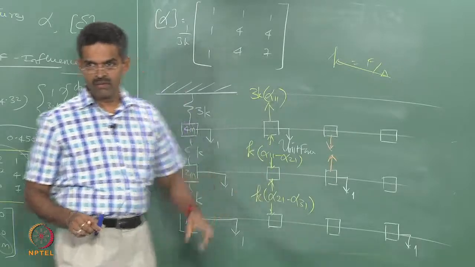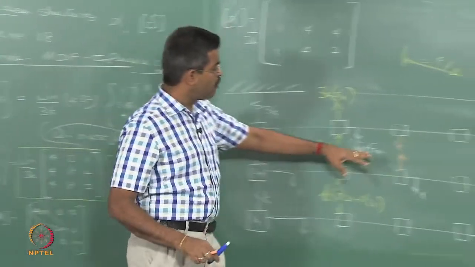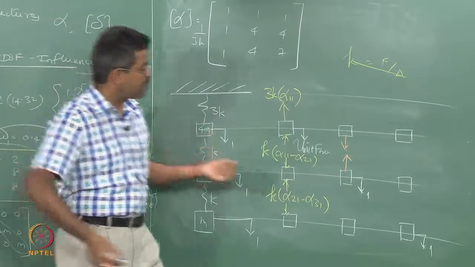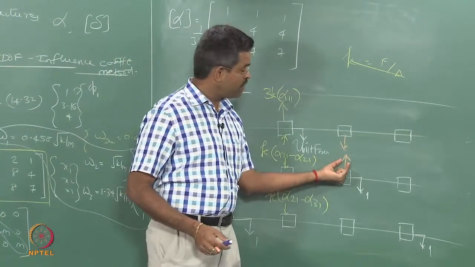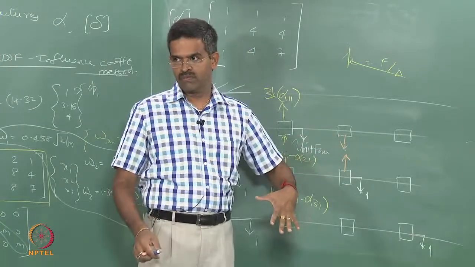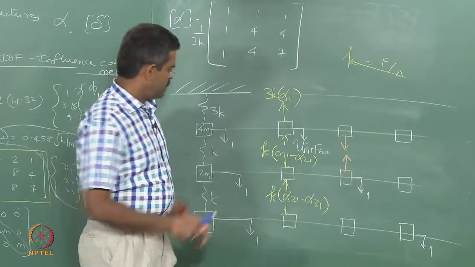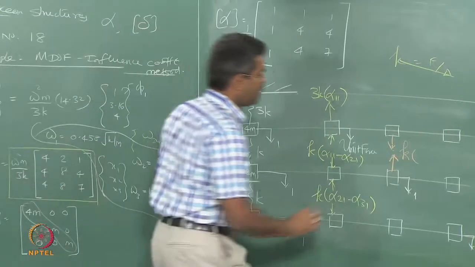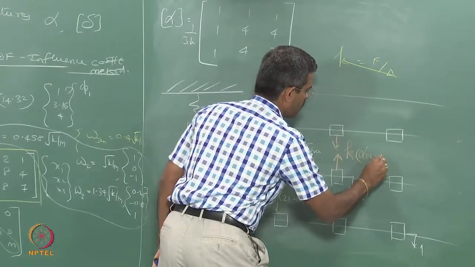So, I am marking the force in this spring. Therefore, I need not mark this separately and come back after a day to think about the arrow direction. I should do it in parallel, because this is a spring force, which will obviously be the stiffness of the spring multiplied by alpha 2 2 minus alpha 1 2.